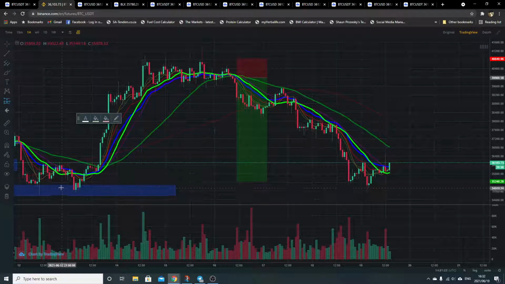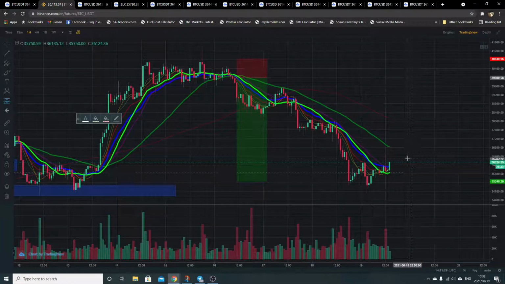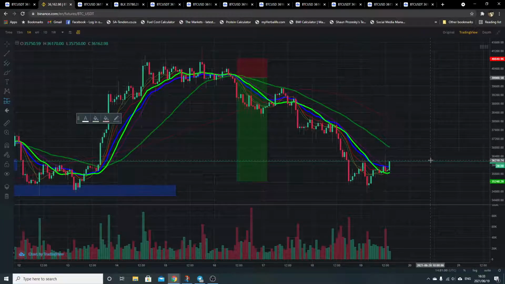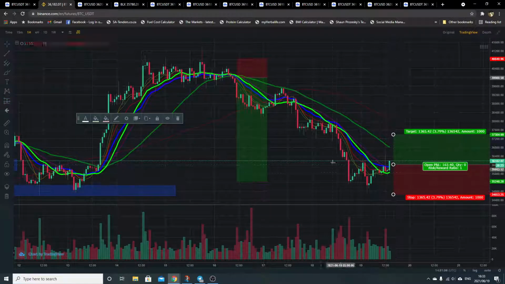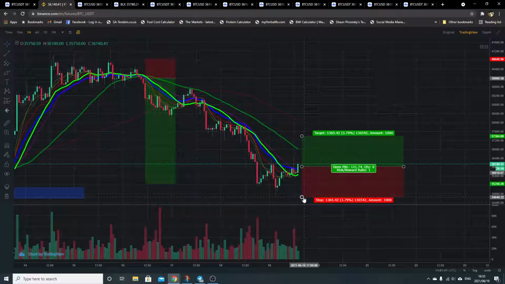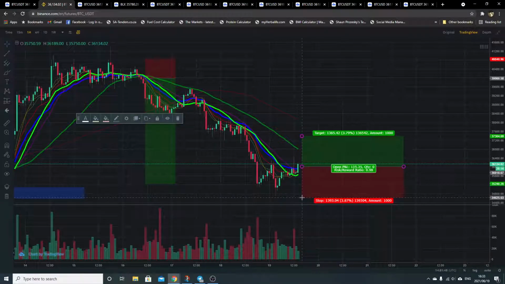We're already at an area of value over here, and we could have the price going up. So I will be watching carefully. We might get a rejection and come back down. So therefore, I might open up another trade. Okay, so I will be below this wick, just below the wick.